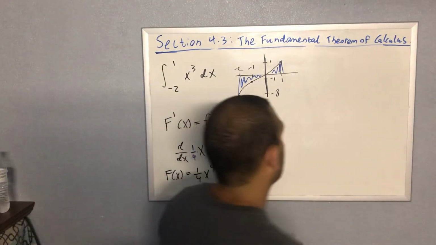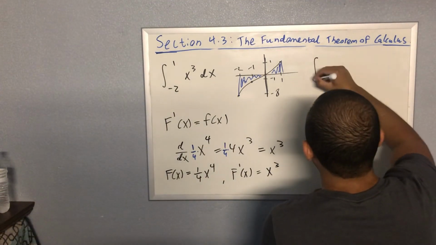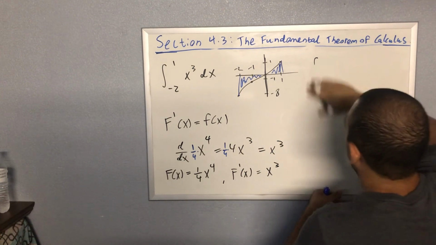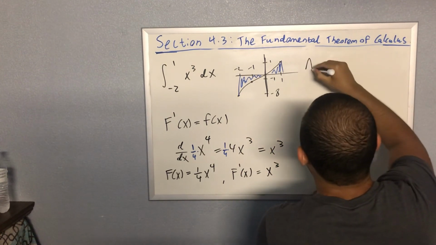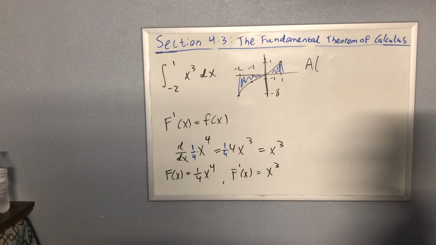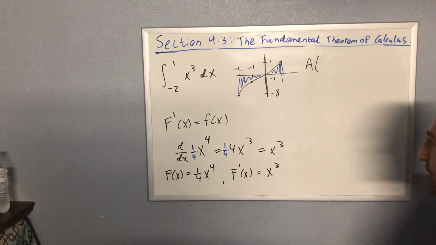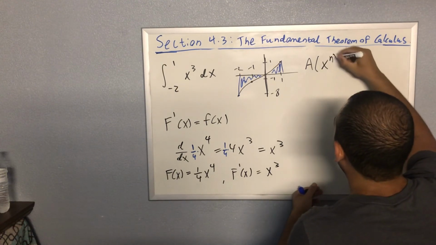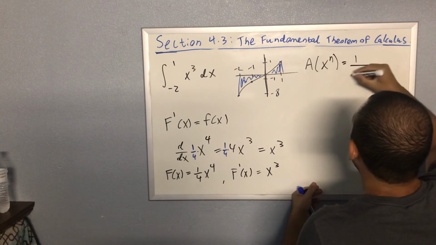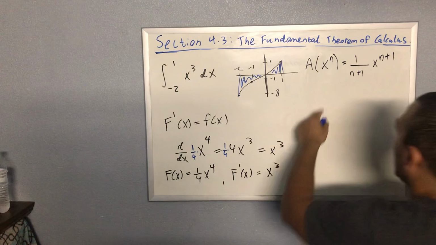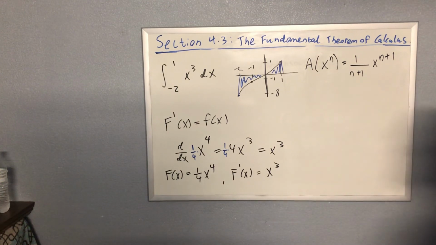So in general, we can say this. The antiderivative, or I'll still use that word, the antiderivative, because we haven't talked about the indefinite integral. We'll get to that in the next section. The antiderivative of a power is just going to be this, which in our case, n was 3, right?